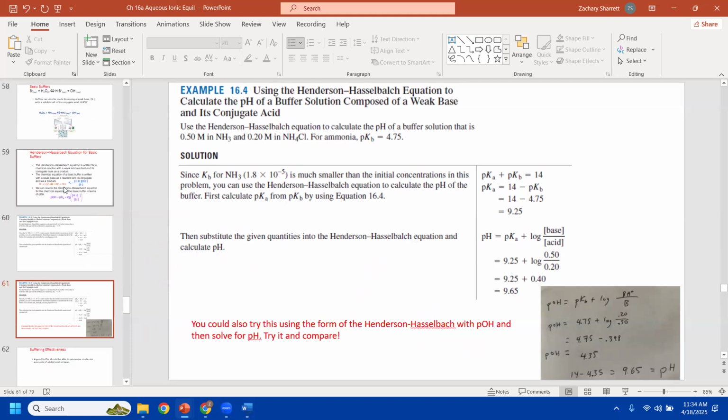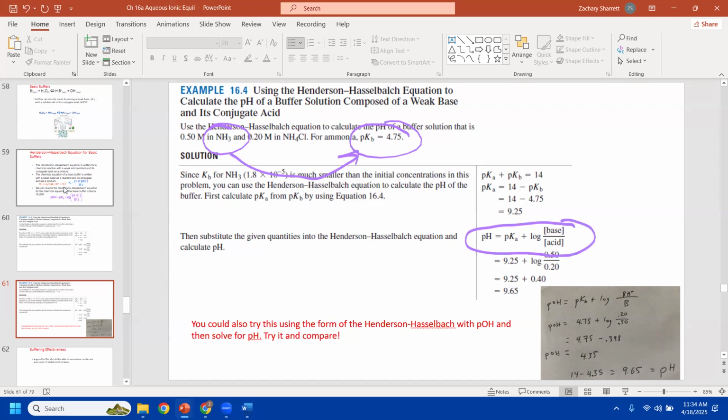You could also try this using the form of the Henderson-Hasselbalch with pOH and then try and solve for pH. Let's try and compare that. So for this problem here, they gave you the pKb for NH3. You could look up this pKb value in the table that I gave you at the end of chapter 15. What they did here is they used the actual form of the Henderson-Hasselbalch equation.